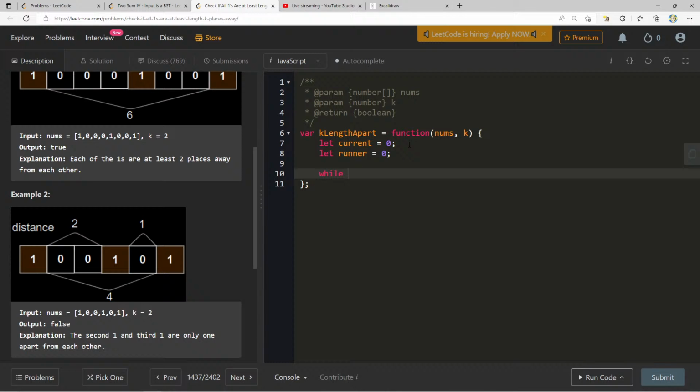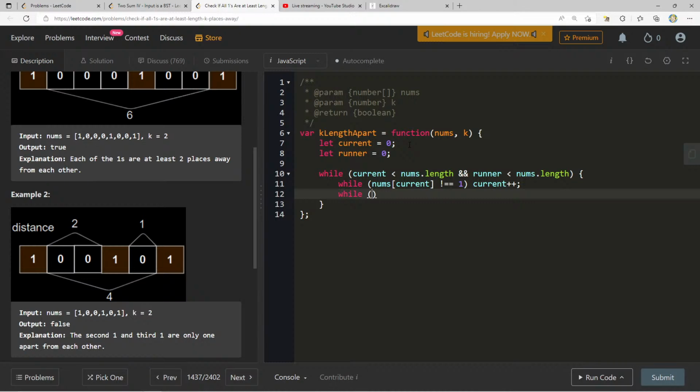So let's say while current is less than nums.length, and runner is less than nums.length. Let's see. So while nums of current not equal to 1, current plus plus.